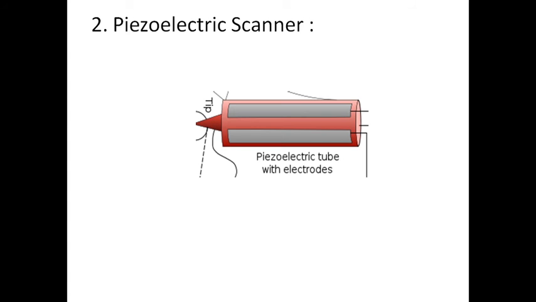Now our next component is the distance control and scanning unit. Here the position control using piezoelectric means is extremely fine, so a coarse control is needed to position the tip close enough to the sample before the piezoelectric control can take over.